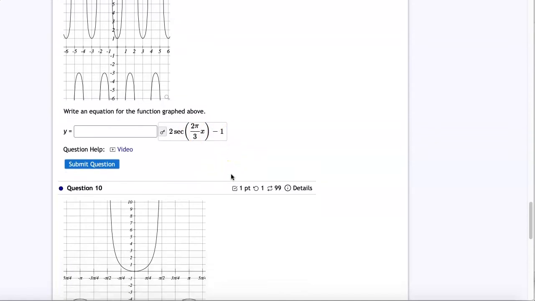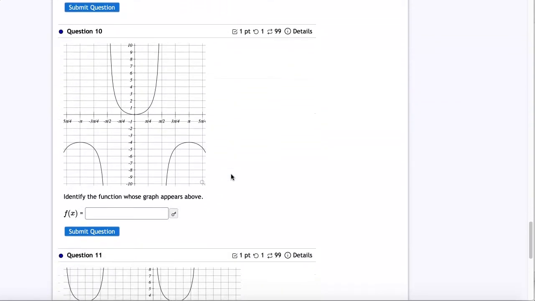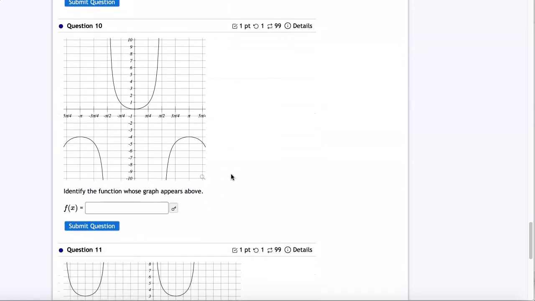Great! Now we move on to this next graph down here. So let's go through the same steps again. For starters, I want to make the observation, where is my midline? Halfway between 0 and -4 is -2.